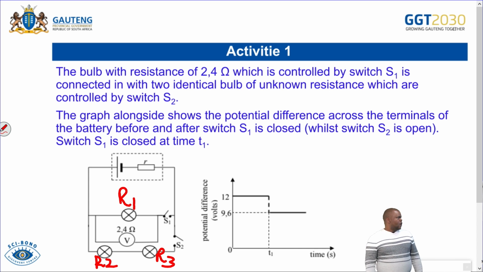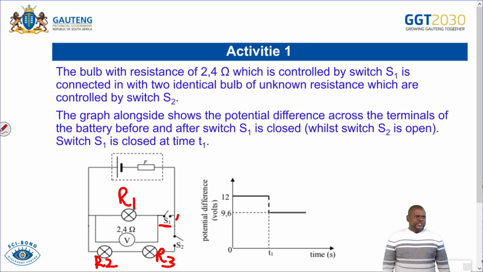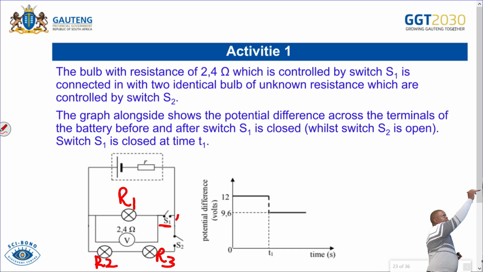Are we together? Yes. Now, let's go to our statement. It says the bulb with resistance of 2.4 ohms, which is controlled by switch 1, this is the switch 1 we're talking about here, is connected to the 2 identical bulbs of unknown resistors. R1 is given to be 2.4 ohms.